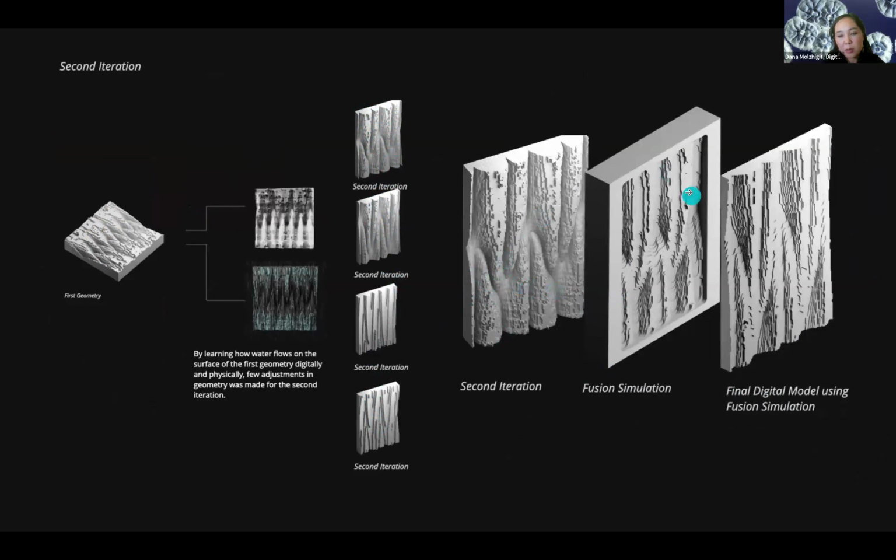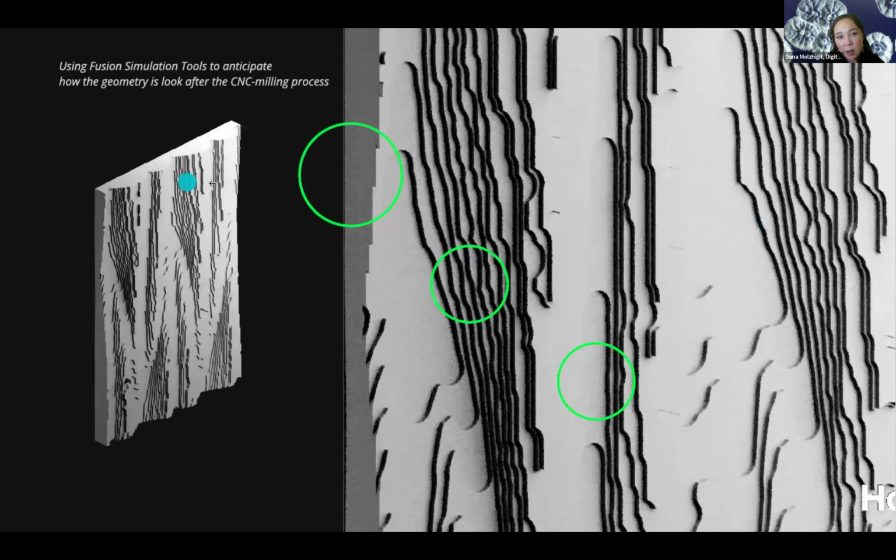And then I also simulated in Fusion because we used CNC milling. In Fusion 360 software, you can simulate how your CNC milling will go in the toolpaths, and approximately get how your geometry will look after the CNC milling process.